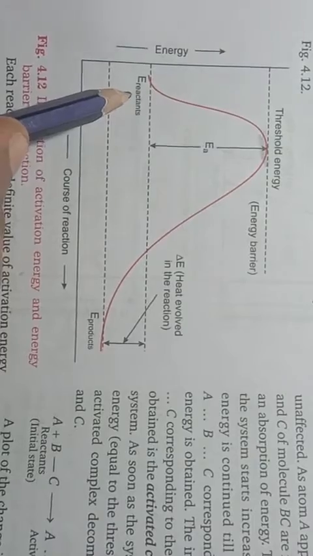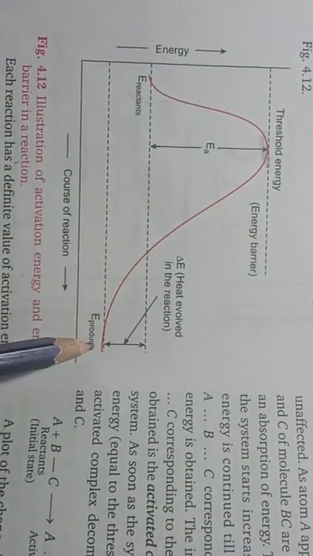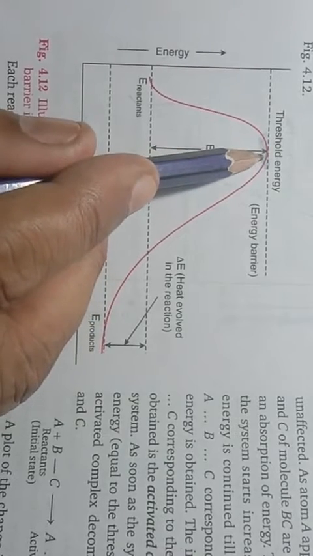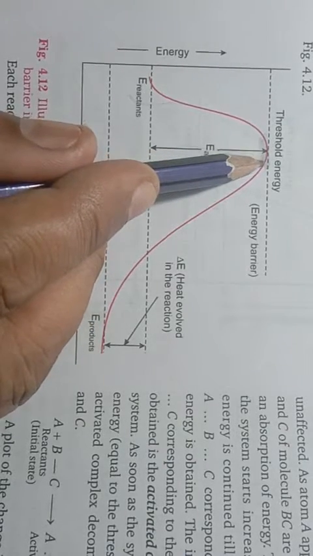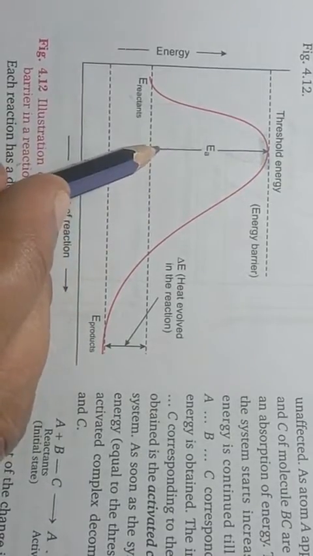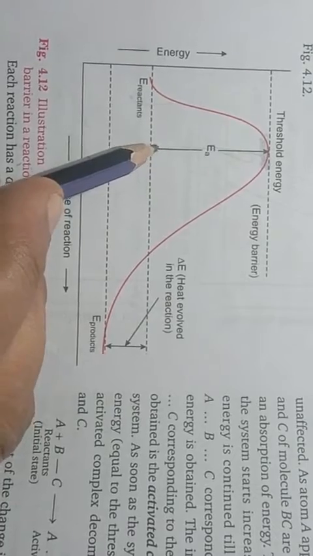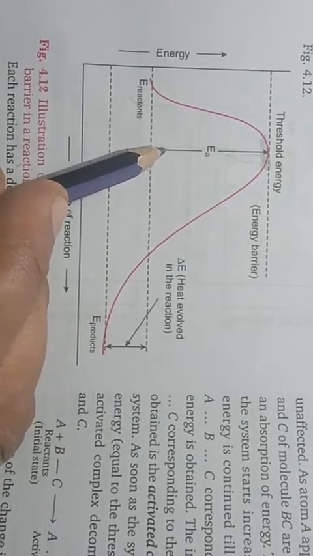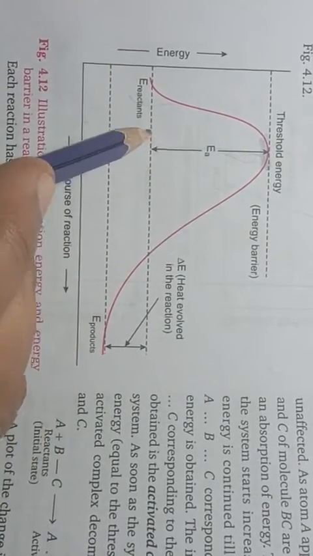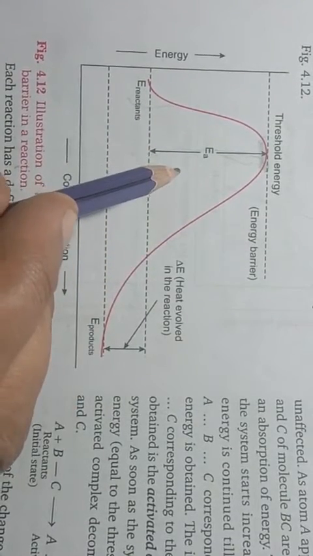If reactant molecules want to convert themselves into product, they have to cross this energy barrier, and this is the amount of activation energy. This energy will be provided from outside to the reactant molecules to cross this energy barrier.